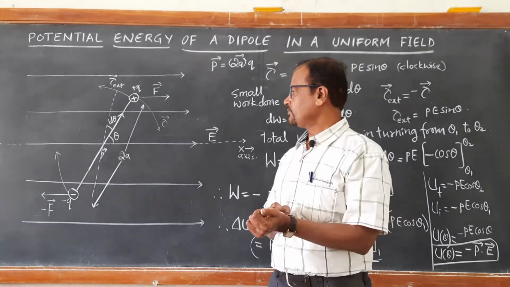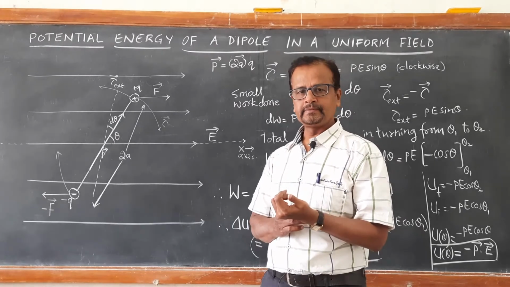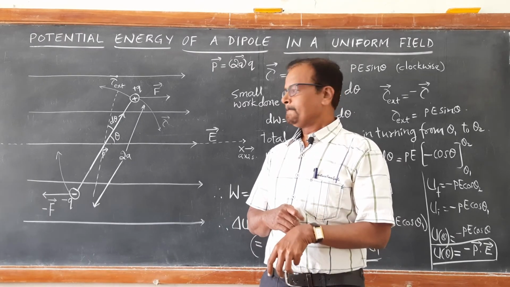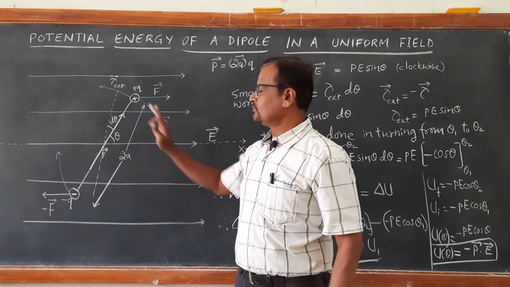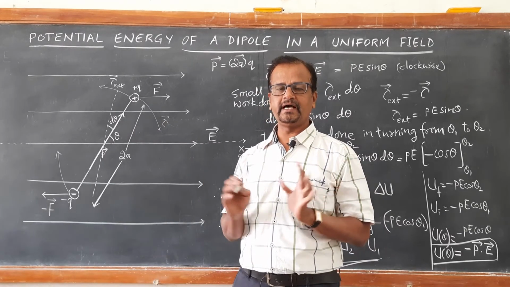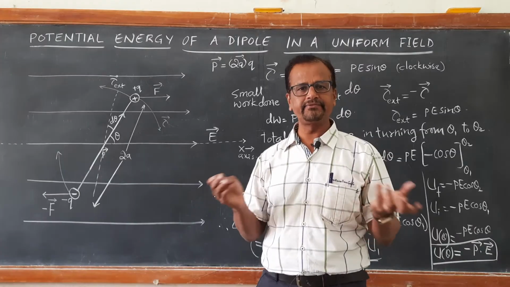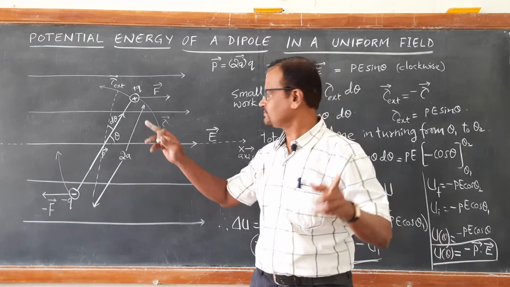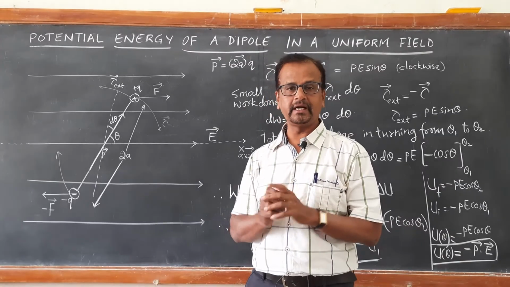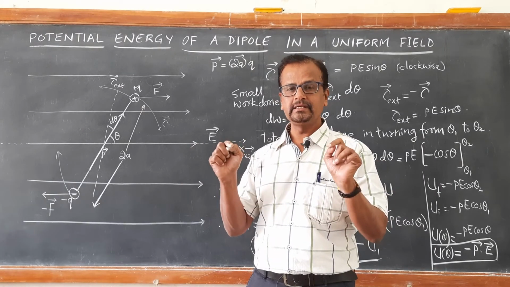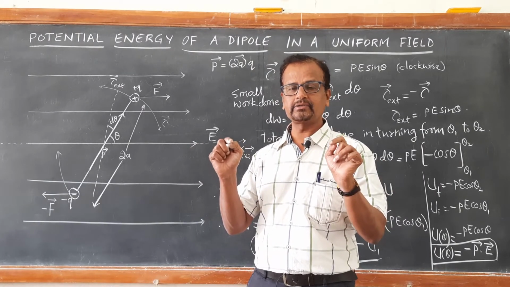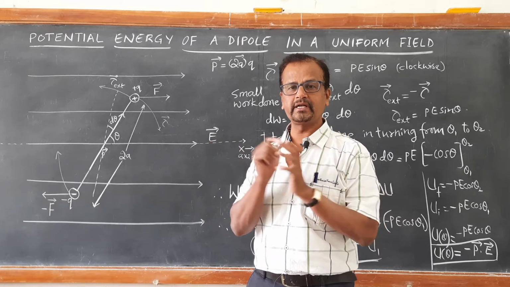Now, one interesting thing to be noted here, right. When the dipole is just left as it is, the dipole aligns along the direction of the external electric field because of the torque exerted by the external electric field. At that moment, what is the electrostatic potential energy stored in the dipole?